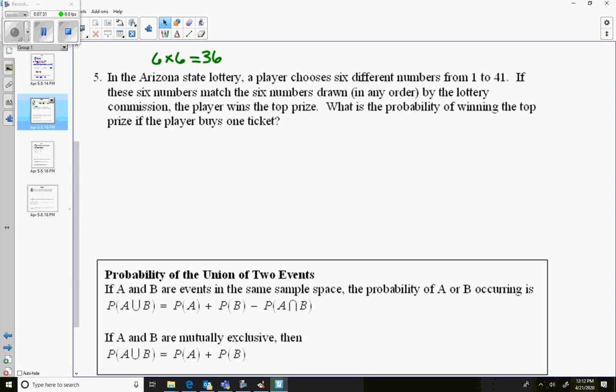In the Arizona State Lottery, a player chooses 6 different numbers from 1 to 41. If these 6 numbers match the 6 numbers drawn in any order by the Lottery Commission, the player wins the top prize. What is the probability of winning the top prize if the player buys 1 ticket?